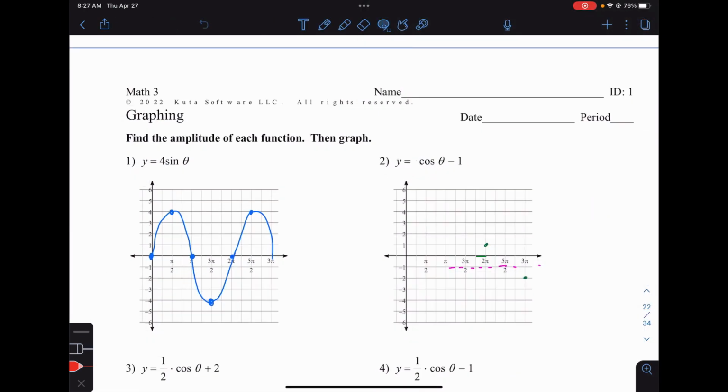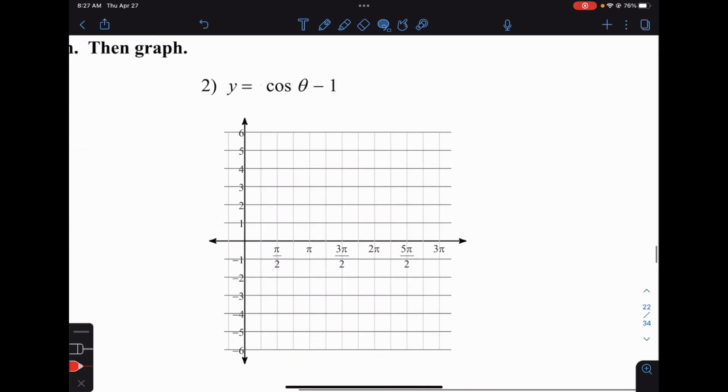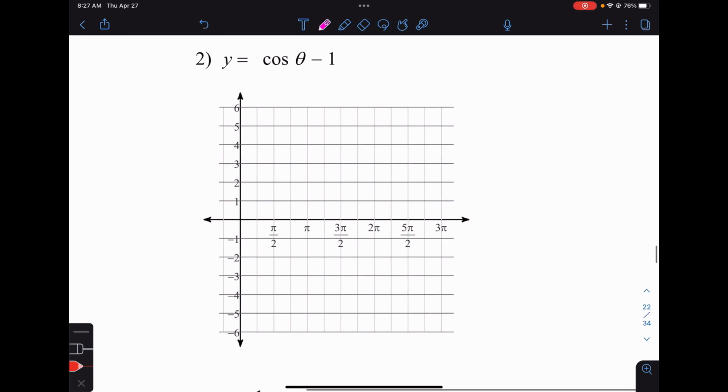All right, so the next kind we have to know how to do is when we actually shift the function up or down. We do that by adding or subtracting a number on the outside here. So we know that normal cosine is going to go here, here, here, here, here, here, and here, right? We know that from the graph that we did at the beginning of this video.